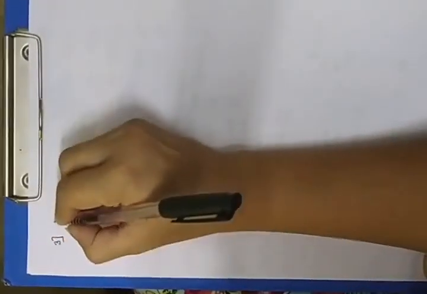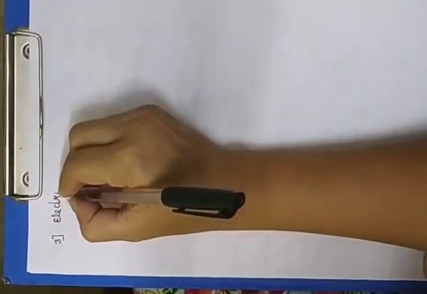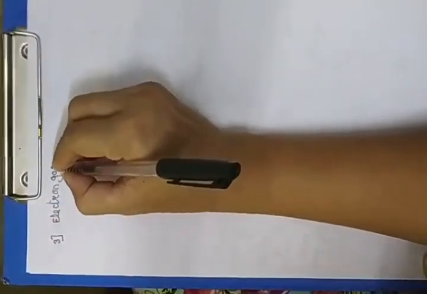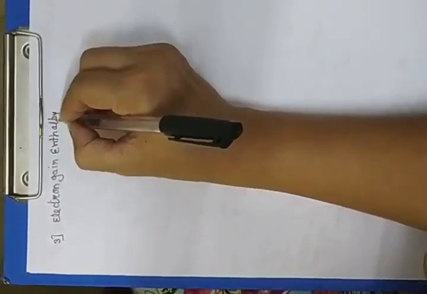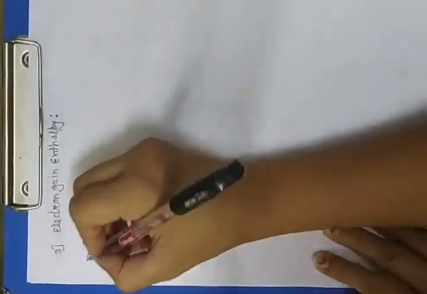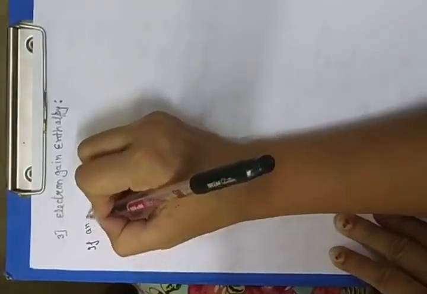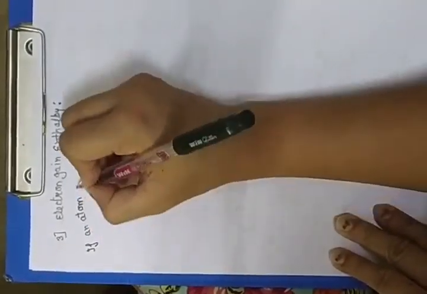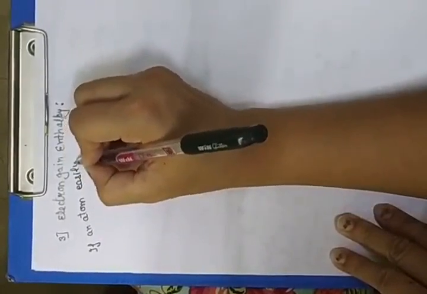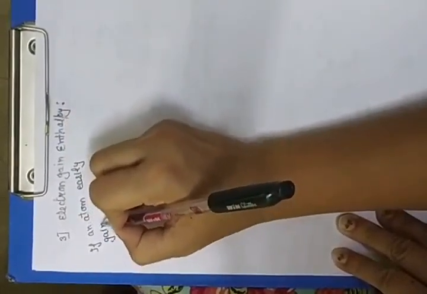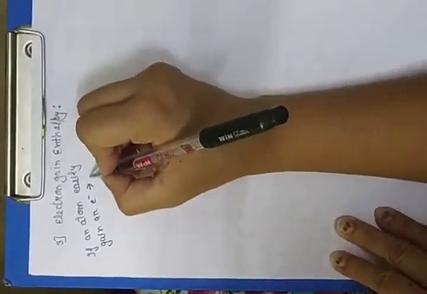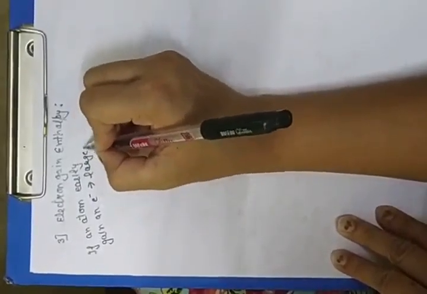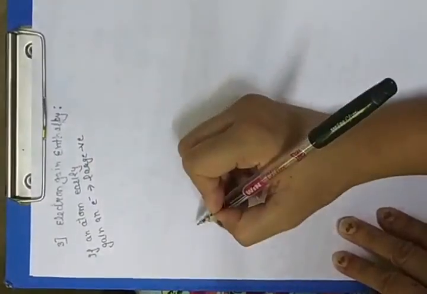Next property is electron gain enthalpy. So remember, with this property, if an atom easily gains an electron, then its electron gain enthalpy is large negative.